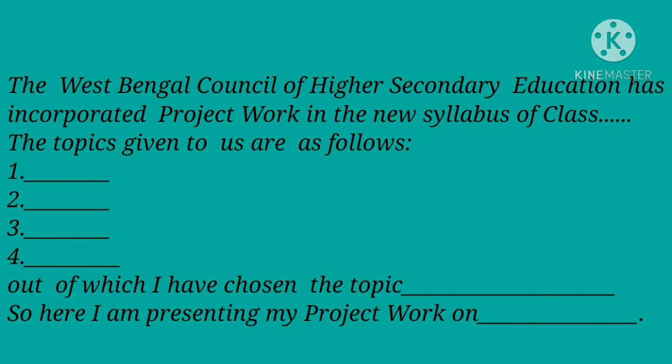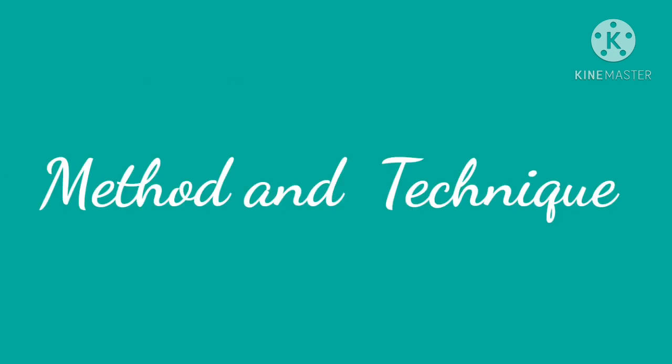Then if you want, you can mention the method and techniques that you have used to do the project. You just write a few lines about how you have gathered information, what were the sources of information, and what are the things you did, and how many days it took for you to get this project ready. So that would be your method and techniques.